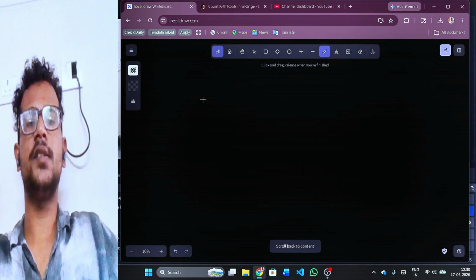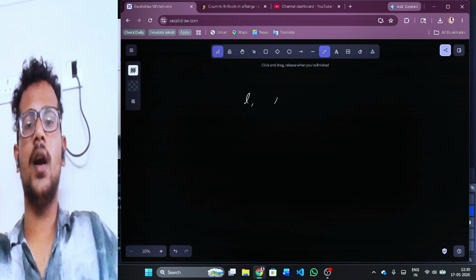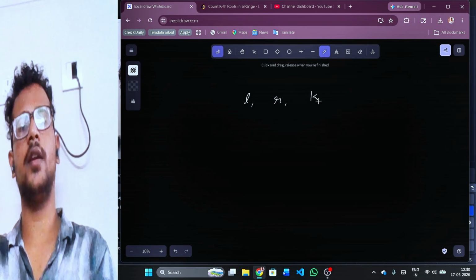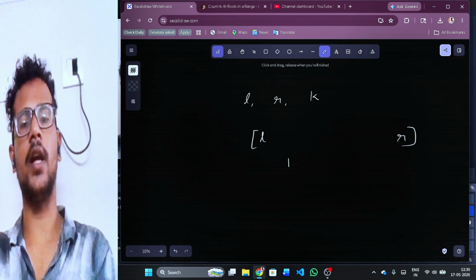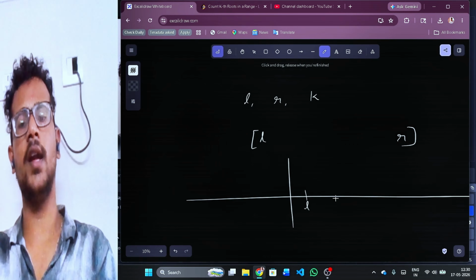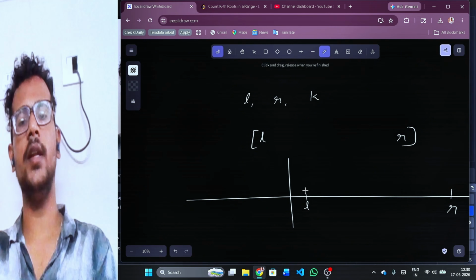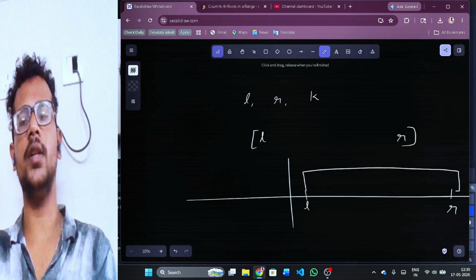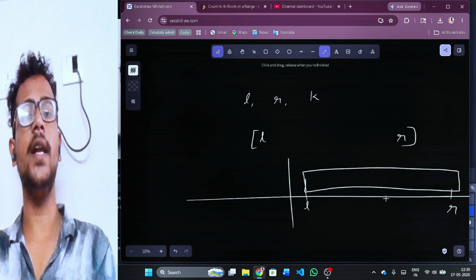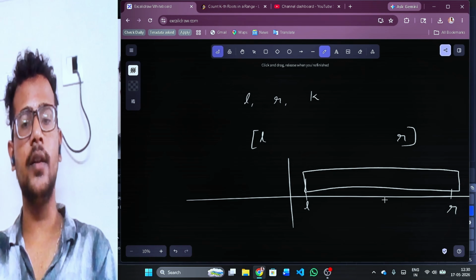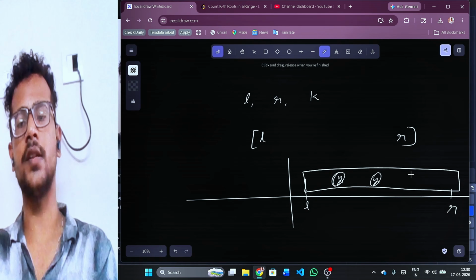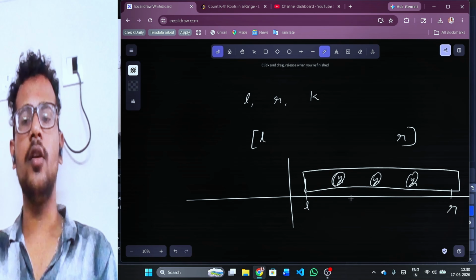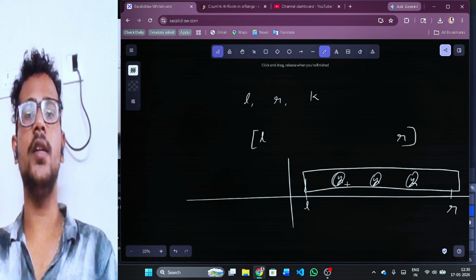So let me tell you what they gave. They gave us three things: L, R, and K. From L to R, in this number series, I need those numbers as Y, where Y is an integer.